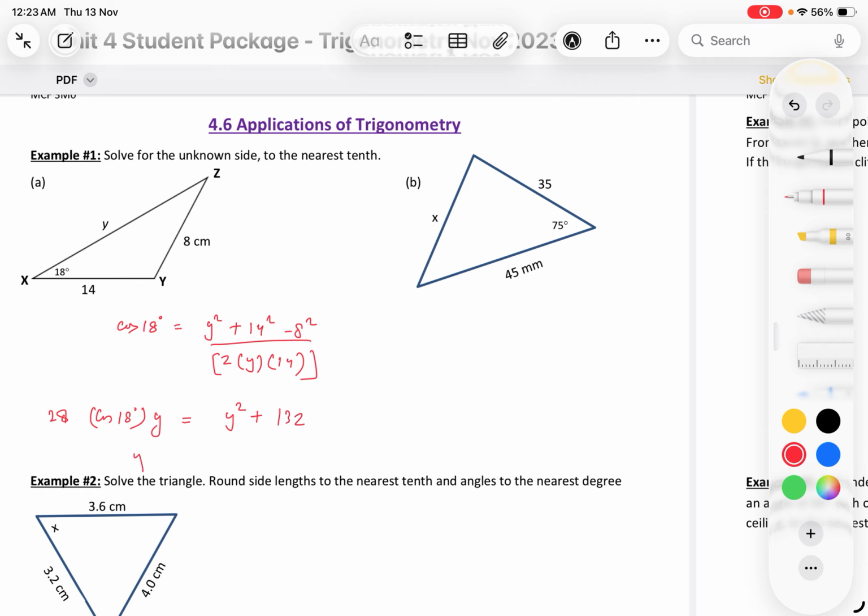So now our equation has been formed: y square minus 28 cos 18 into y plus 132 is equal to 0. Now you can use your calculator and solve for y.